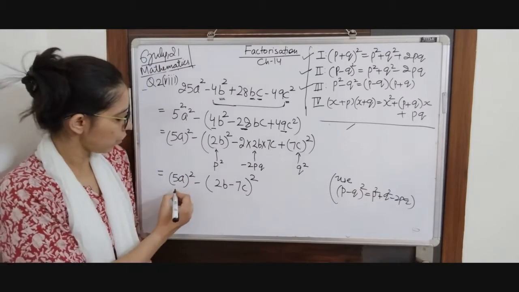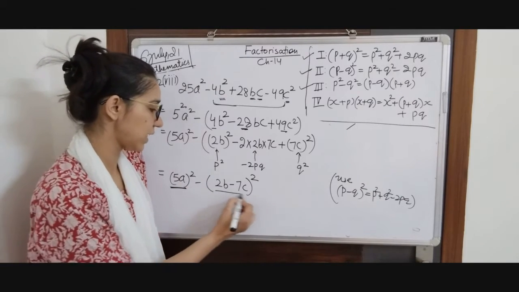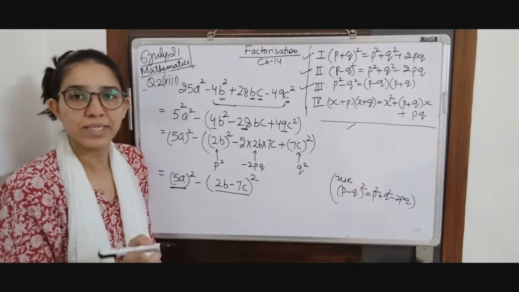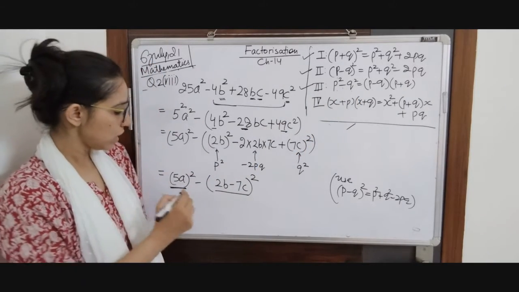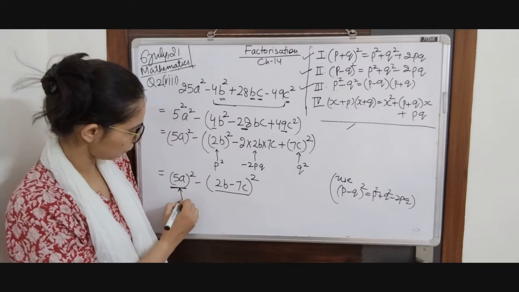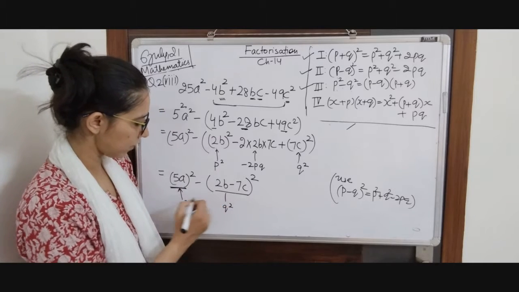No. Why? Because we now have two terms: first term square minus second term square. It means we can simplify further also. So now we will use the identity. Suppose this is p square and this is q square, and we have p square minus q square.